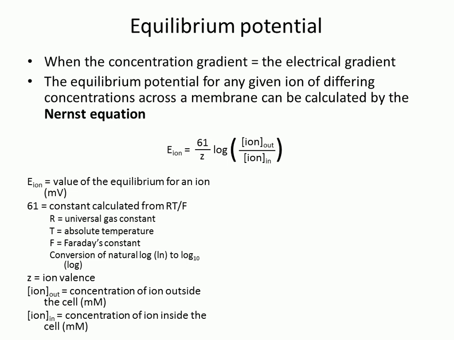Now, the 61 log is based on a whole bunch of little constants that I can't remember off the top of my head. So, noble gas law, universal gas constant, absolute temperature, Faraday's constant, plus also conversion of the natural log to the log. All right.